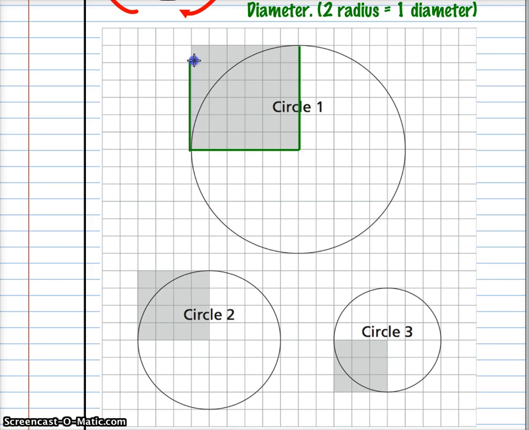And what shape does that make? Radius times radius makes this section a radius squared. So you can go ahead and label this section radius squared. That's this section right here. This is a radius, and this is a radius. Radius times radius gives me the area, radius squared.